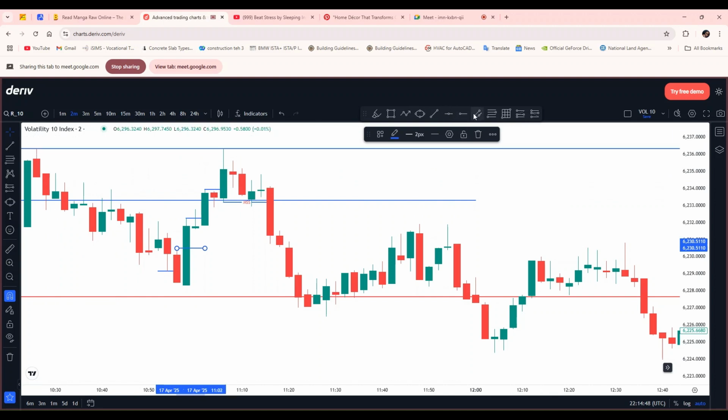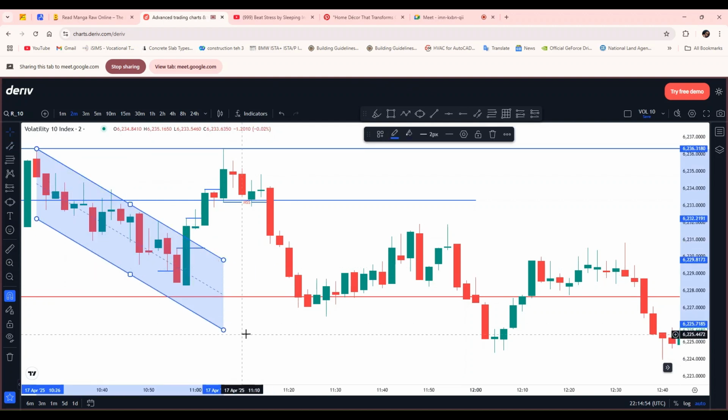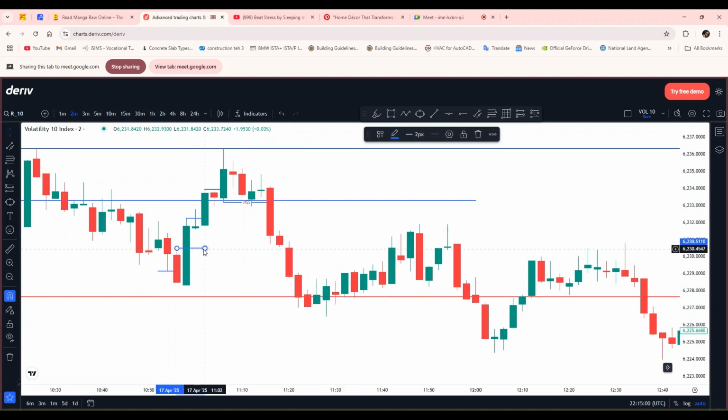This is the trend. That's the downtrend. And now we had a distribution out of that trend. Market structure shift right here. And once we get this market structure shift, this candle is now the trading range of the specific market.